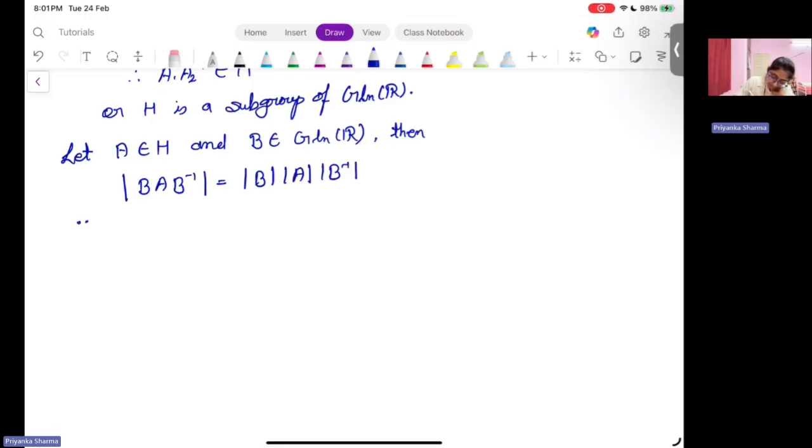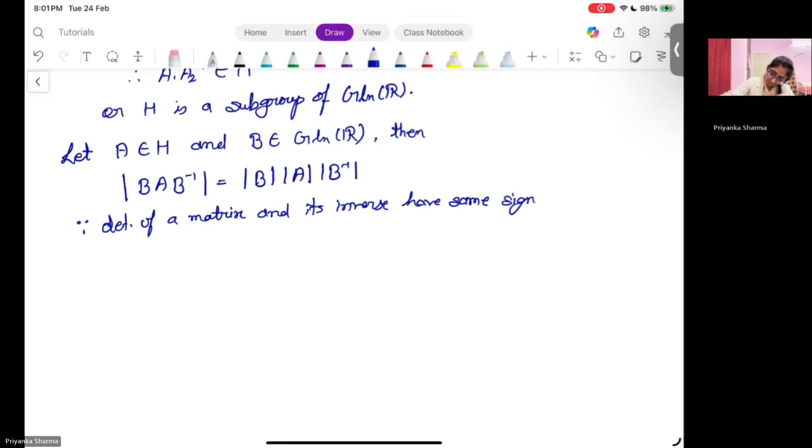Okay. And the determinant of a matrix and its inverse have the same sign. Therefore, the determinant of B inverse will be positive, because either both determinants will be positive or both negative.